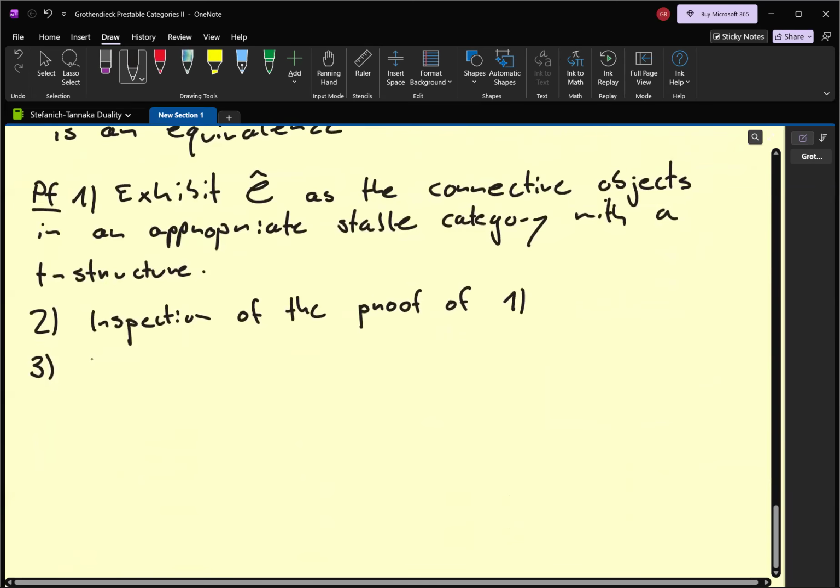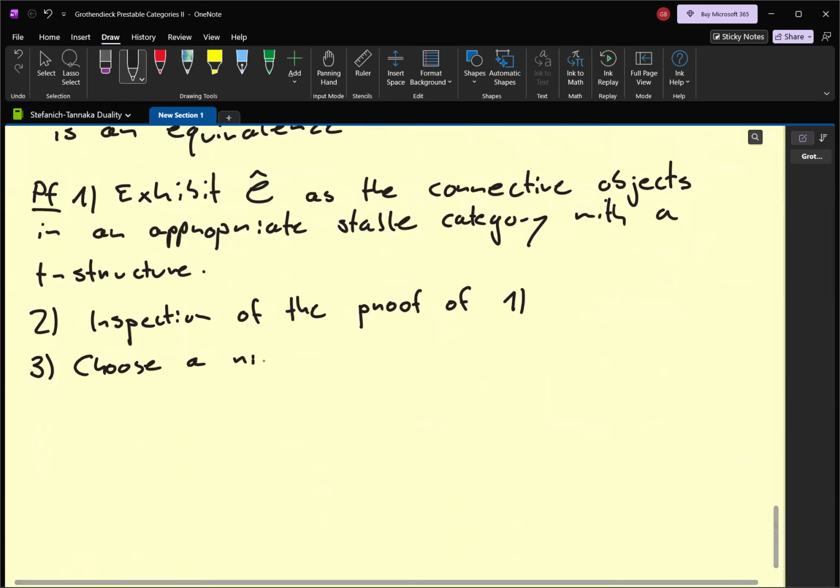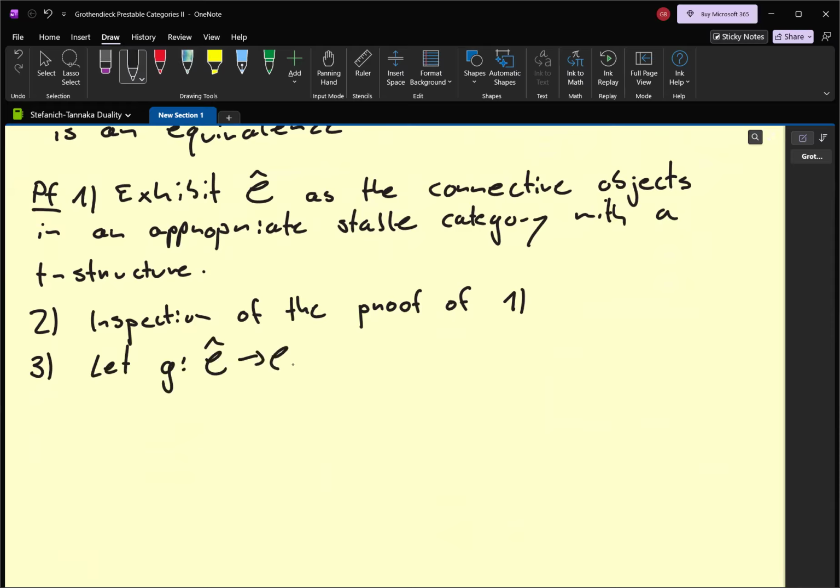So this is what we will start out doing. Let G from C hat to C be the right adjoint to, let's call the map F, the canonical map from C to C hat.